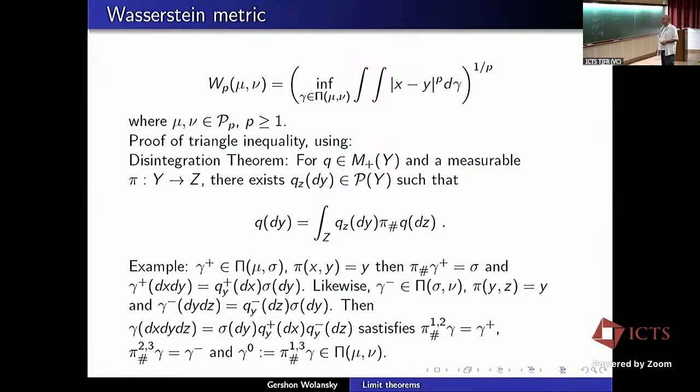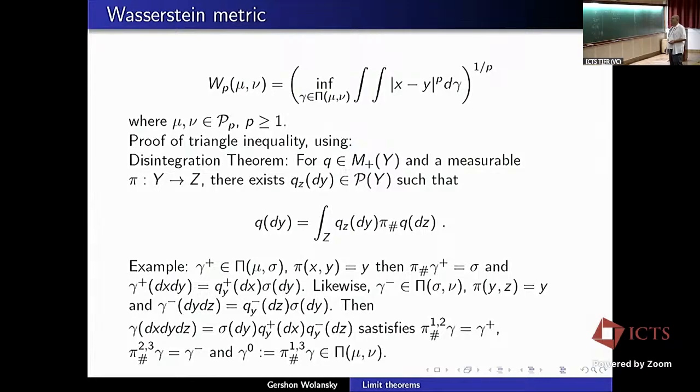Now we construct this measure on a triple space, x, y, and z, by just taking the sigma measure and multiplying it by these two conditional probability measures, q plus y and q minus y. By this construction, you see that if you project in the three space on the first two components, we just get gamma plus.